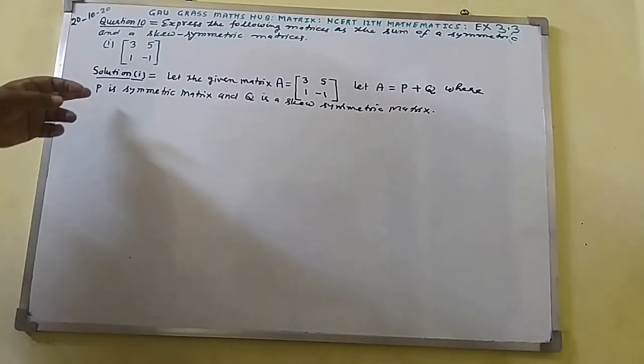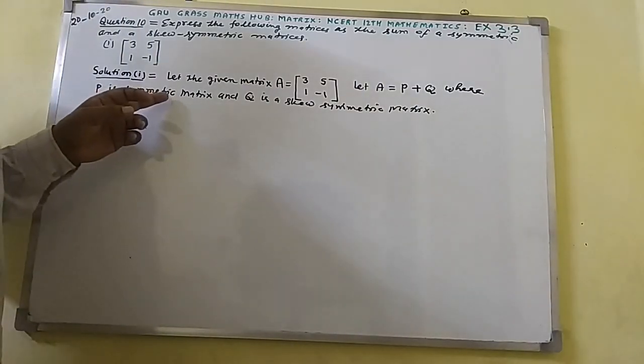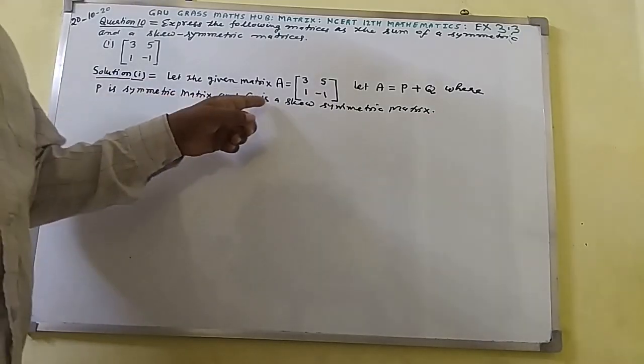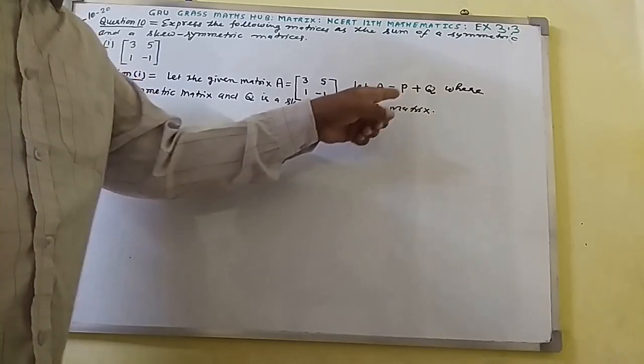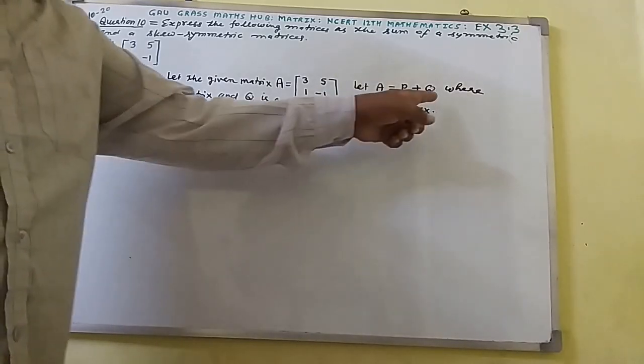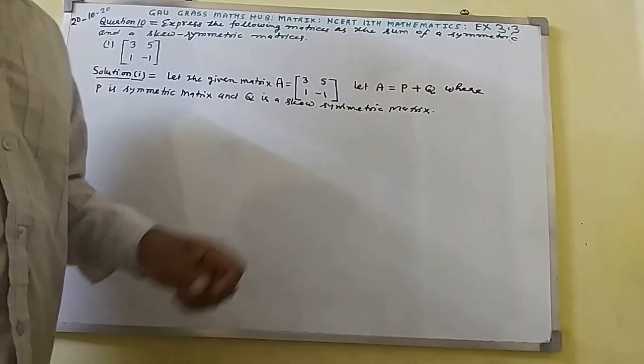Here P is a symmetric matrix, Q is a skew symmetric matrix.